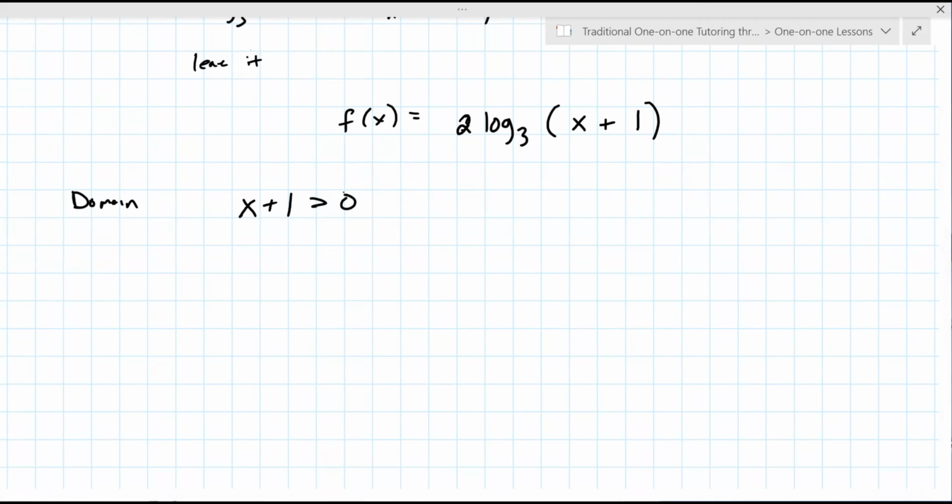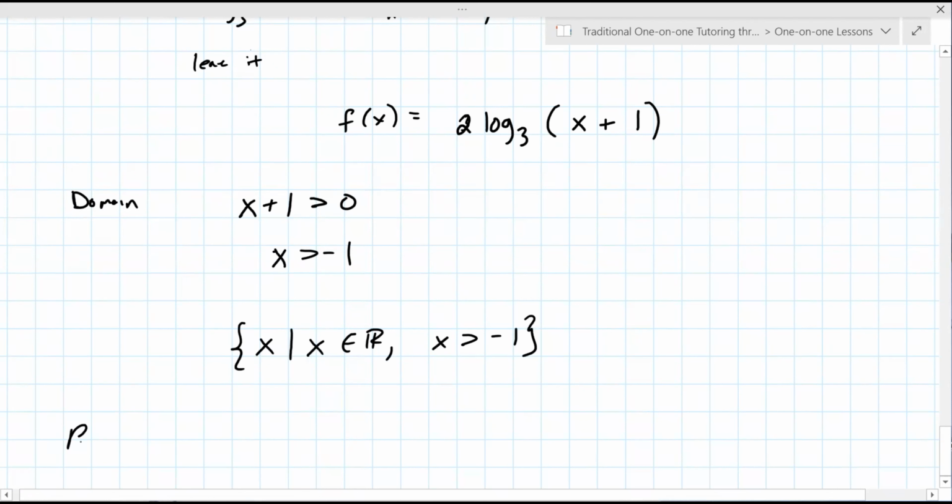X is greater than -1. To fully show that, you write x such that x is an element of the real numbers, comma, x is greater than -1. You have to do it this way.